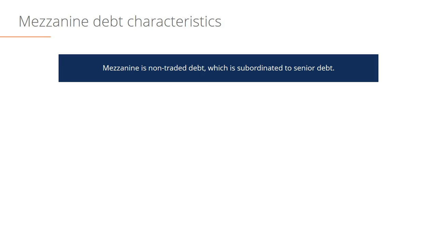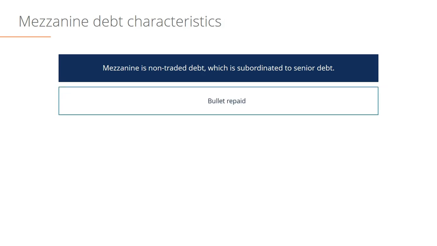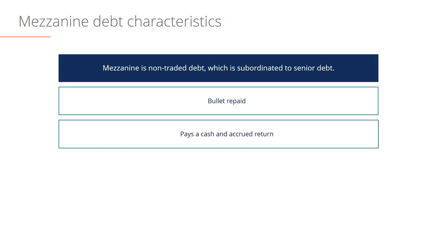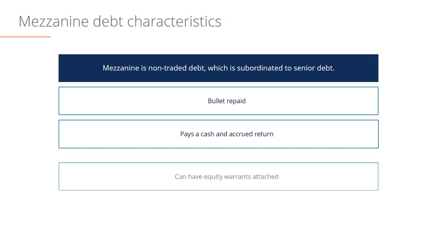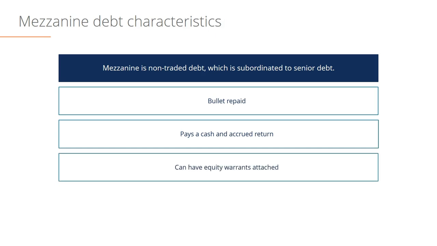Mezzanine debt, however, is non-traded and is also subordinated to the senior debt, like high yield debt. It often has a bullet repayment, and cash can be accrued, and there may also be equity warrants attached as well. The equity warrants give the investors exposure to equity upside.